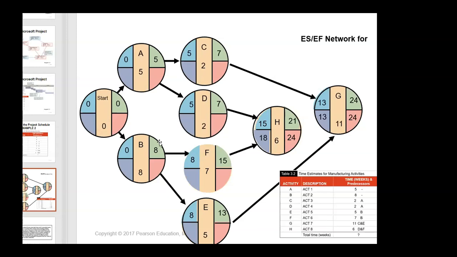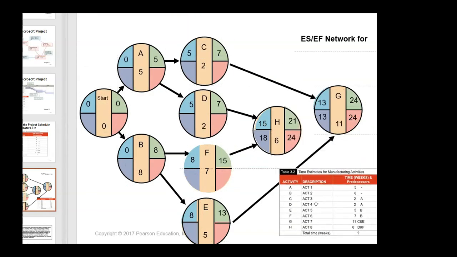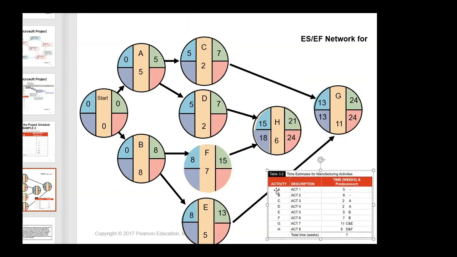All right, so I did put the network here. You can see that the network is pretty much the same as what we have. So A, the predecessor is nothing, so that's correct. B, nothing, that's correct. And then C has A, D has A, E has B, F has B. So this part is correct.